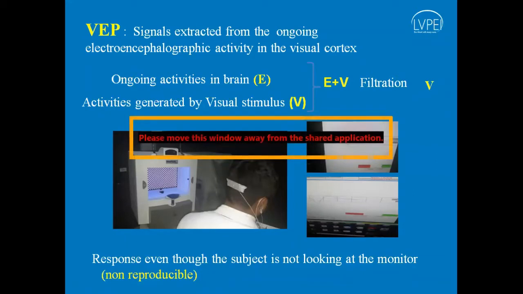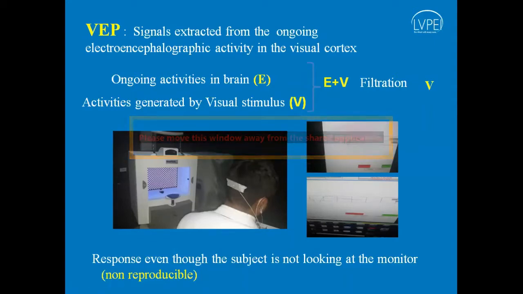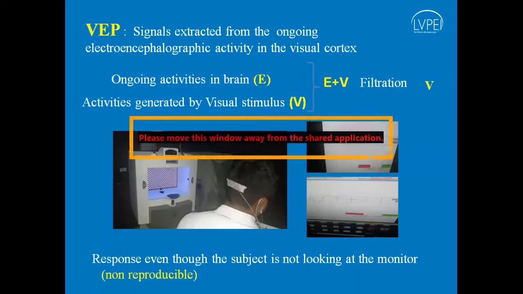That is why this recording should be repeatable and reproducible. When we do any electrodiagnostic tests, more so for VEP, the test should be repeated and the reproducibility checked. If it is a false signal, it is likely that the response won't be reproducible. But if it is reproducible, then you know it's a true signal, and this can have some clinical meaning.